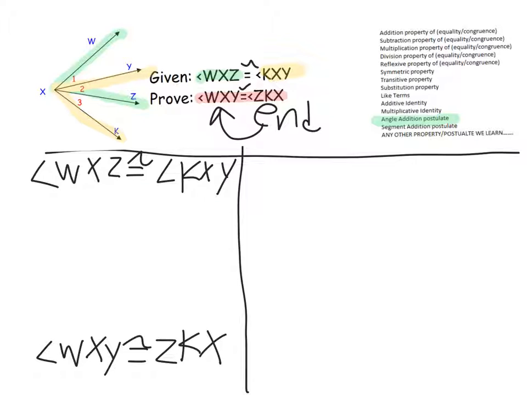We'll use green because the green angle is made up of these things: angle WXY plus, it's angle 1 plus angle 2, essentially, YXZ. Those two things added up are going to equal my green angle, WXZ.